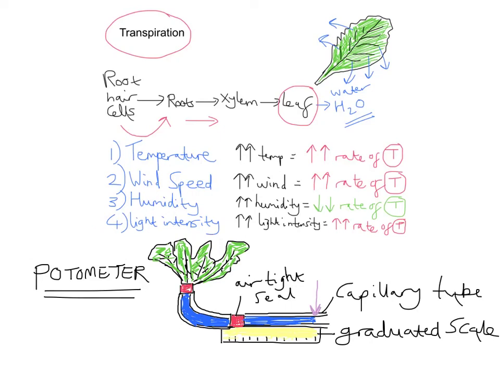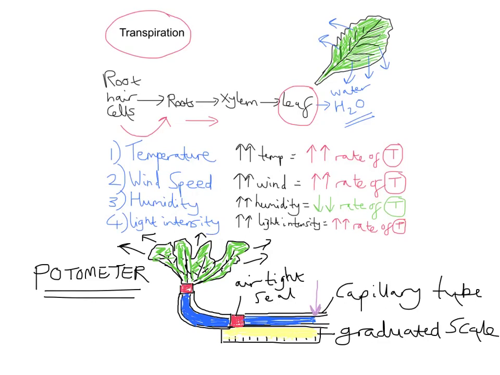We look where the water level is using our graduated scale. Now, if the plant is photosynthesizing and using up the water, if it's taking the water in to itself and transpiration is occurring and that water is then going to evaporate from the leaves, going back to what I said about transport of water along that transpiration stream, water as it leaves the leaf should surely be pulled from within that capillary tube upwards.